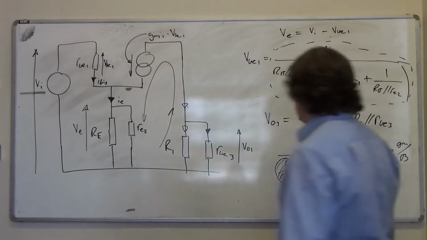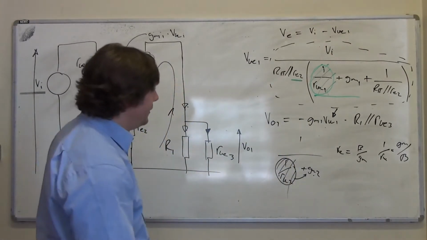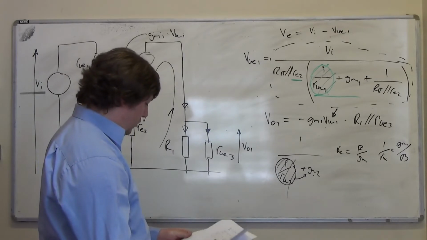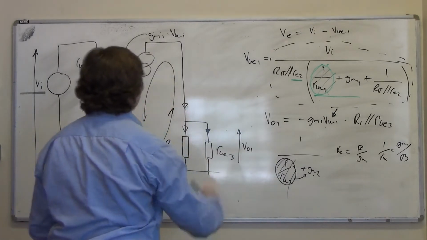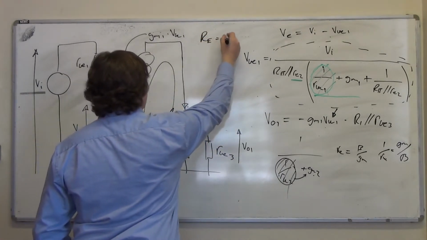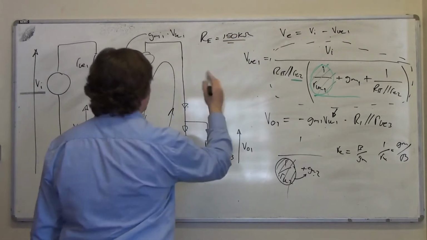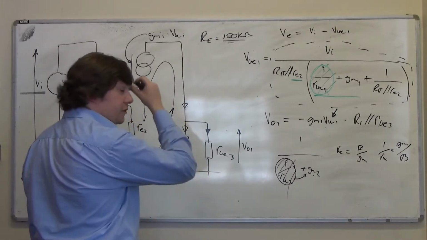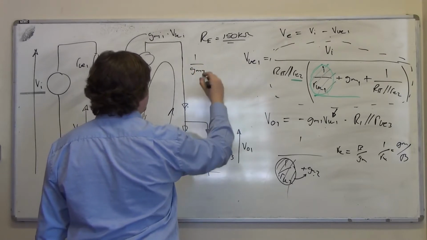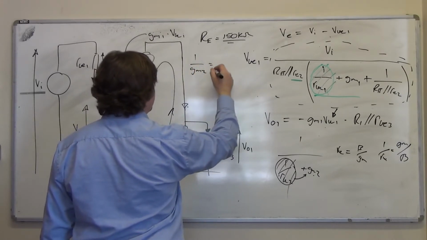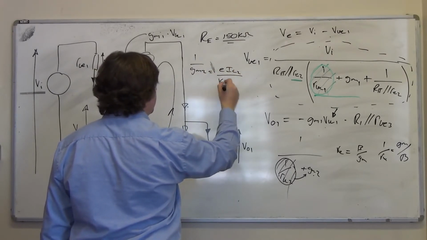Similarly, it transpires that RE2 is much, much smaller than big R big E. And if you look at the question again, big R big E is 150 kiloohms. RE2 depends on the exact values you use for the temperature. So RE2 is 1 over GM2, which itself is, so GM2 is EIC2 over KT.